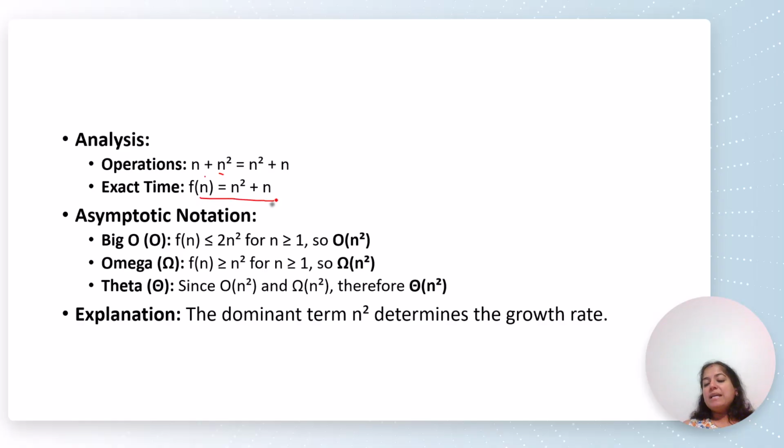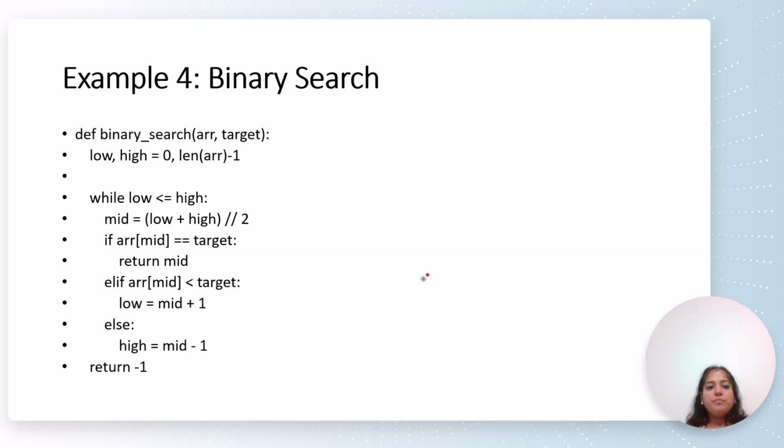So the function becomes n squared plus n. Now, if you calculate its notations, it will come n squared, n squared, n squared. Remember, n square will dominate n, so the complexities will come in terms of n square.